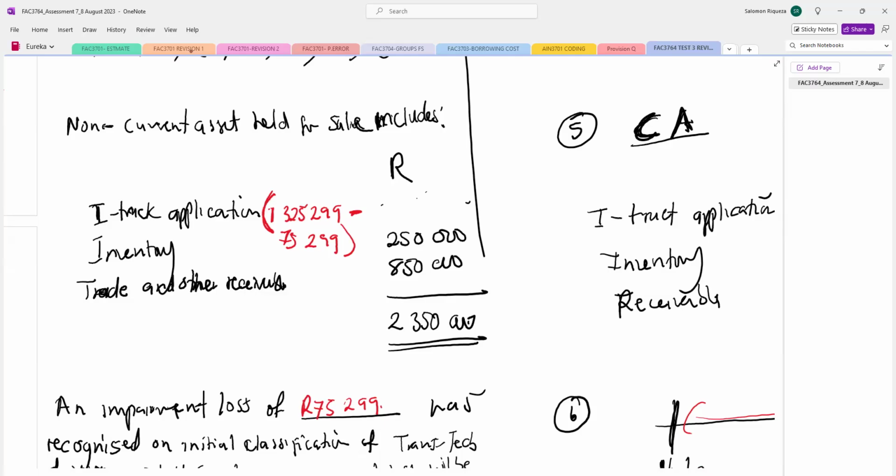Inventory is a current asset, trade and other receivables are current assets, so they do not qualify for the allocation of impairments, okay? So I can either get this from here or I can take this total minus to get there. Whichever way, the answer should be the same. So I'm getting here 1,250,000. Right, please confirm the figure.